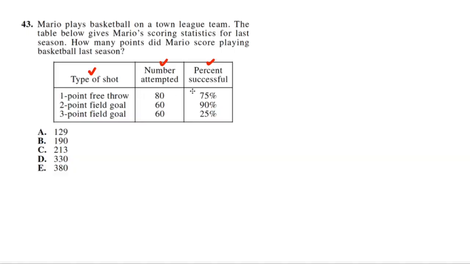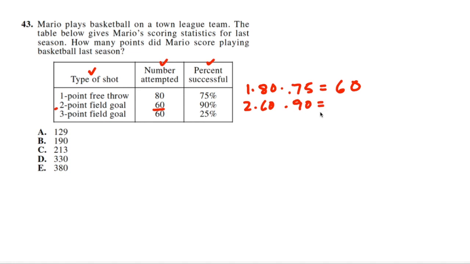Percent always means multiply, and this means multiply across the table. 1 point times 80 attempts times 0.75 successful. 80 times 0.75, let me look at my cheat sheet, is 60 points. 2 points attempted 60 times with a 90% success rate.